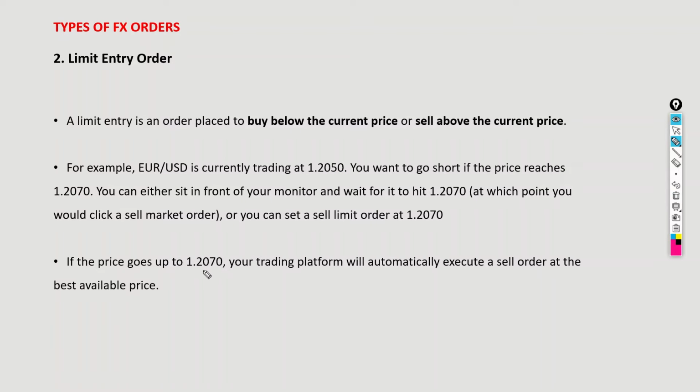And if the price goes up to 20.70, your trading platform will automatically execute a sell order at the best available price. That is when you use what we call a sell limit order.